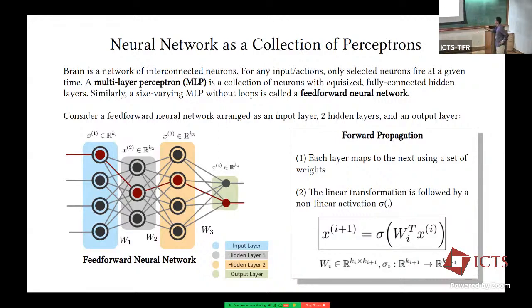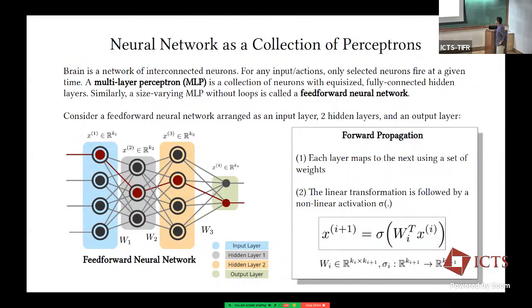say you have one input, then your information might propagate in one way. It's not necessary that all weights would be non-zero. Sometimes the weight could be zero, which means they don't propagate any information.